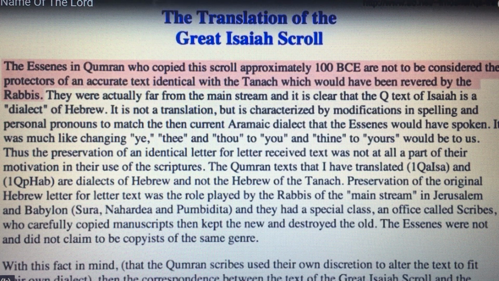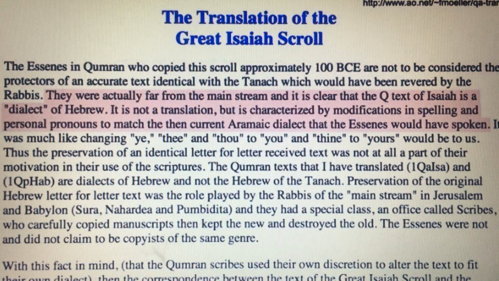So that means that what they wrote down, basically what he's saying is they made it fit to their vowel points. They added vowels to it, man.